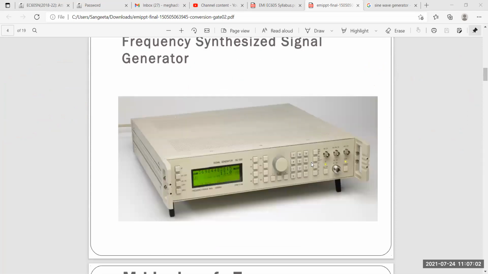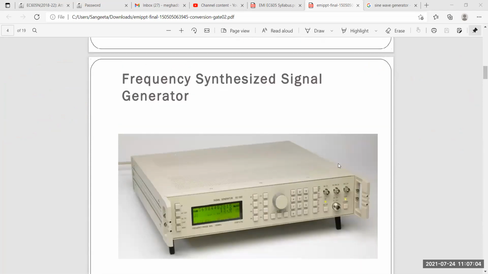Okay, now let us move to the next slide of this PPT. My next slide is the frequency synthesized signal generator. This is how it looks. In the measurement instrumentation lab, sometimes if you have an experiment on this particular device, then only this kind of device is kept in the lab for your experiment purpose.